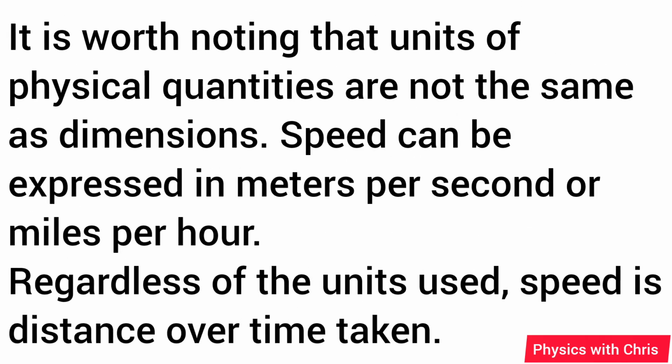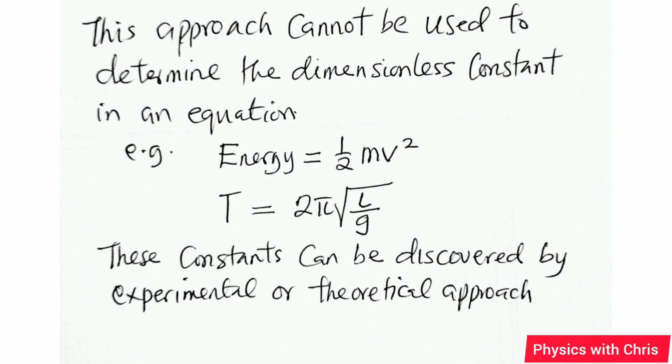Now, it is worth noting that units of physical quantities are not the same as dimension. I mentioned that earlier. However, it is worth noting that this approach, dimensional analysis, will not help you to determine the dimensionless constant in an equation.